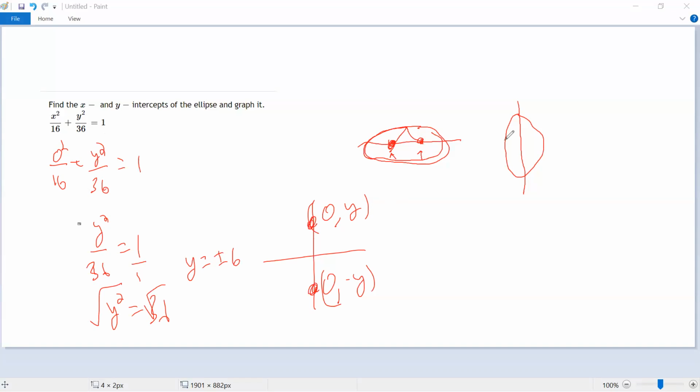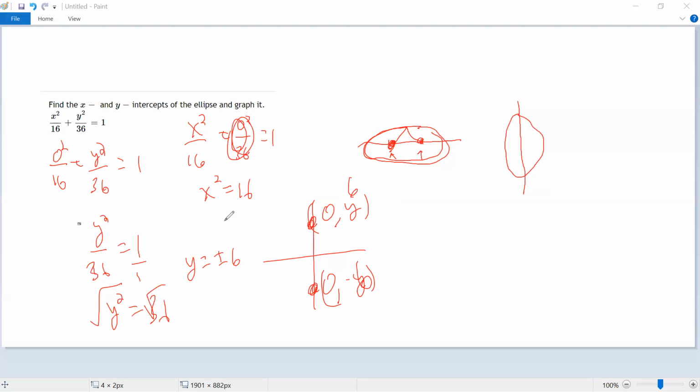So that tells me this point, well, I don't know which way it goes, but I know this point is positive 6, and I know this point is negative 6. Then we'll do the same thing to find the x-intercepts, in which case y is 0. So x squared over 16 plus 0 squared over 36 equals 1. So x squared over 16 equals 1, because that's 0.